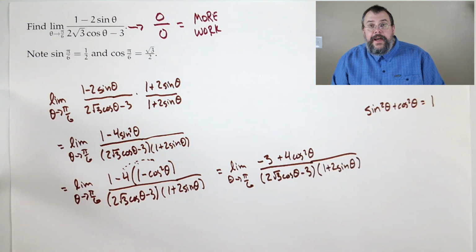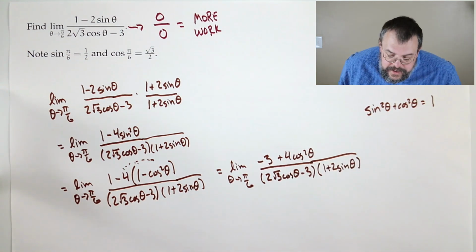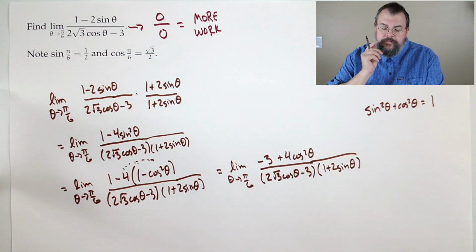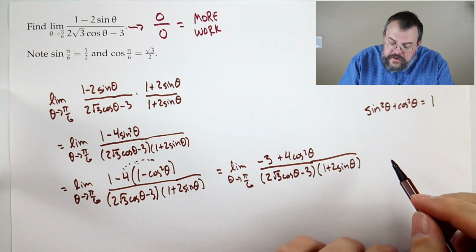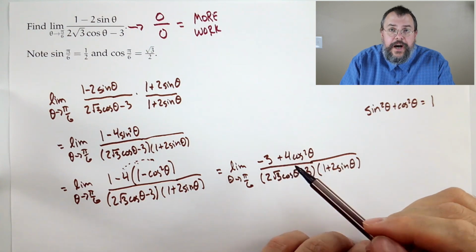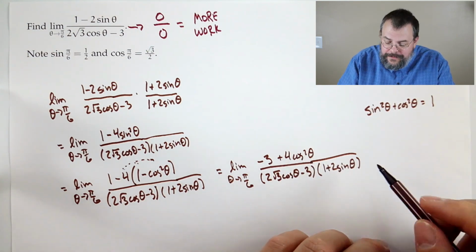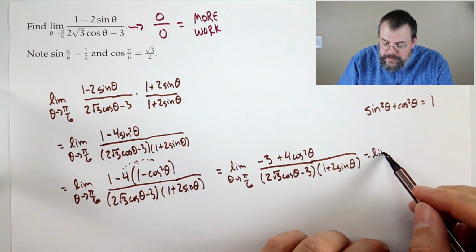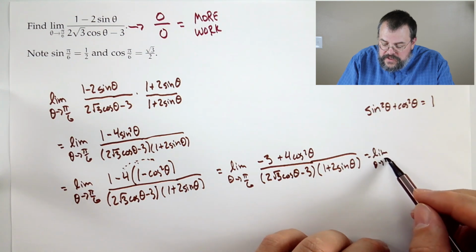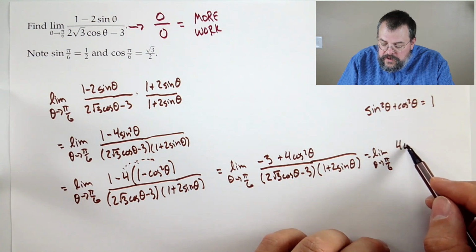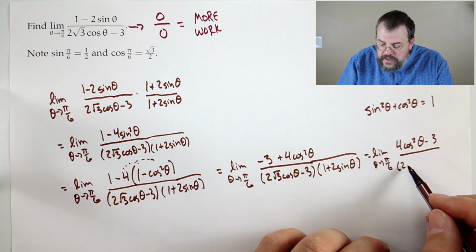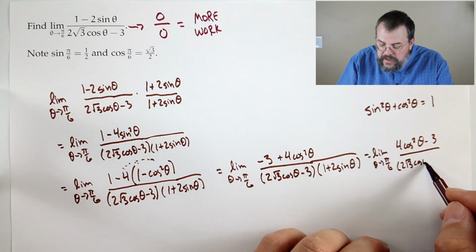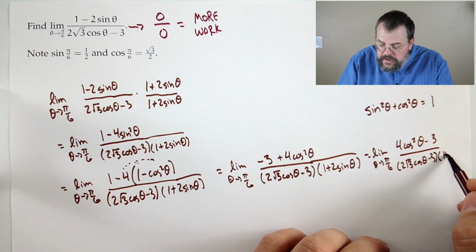All right. Now, things are starting to get interesting. What can we do? I always like to be an optimistic person. Let's put the positive term in front. So we have limit as theta goes to pi over 6 of 4 cosine squared theta minus 3 over, and then there's this other stuff, 2 root 3 cosine theta minus 3, 1 plus 2 sine theta.